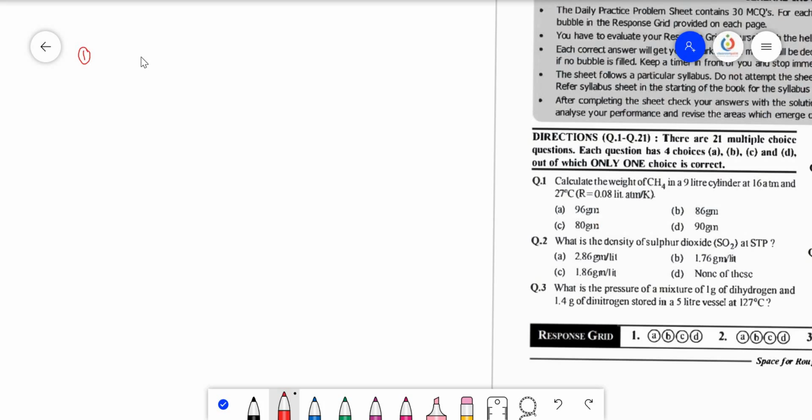We know that the given data is temperature is given 27 degrees centigrade converted into Kelvins, plus 273 equals 300 Kelvins. Pressure is given 16 atmospheres and volume is given 9 liters.